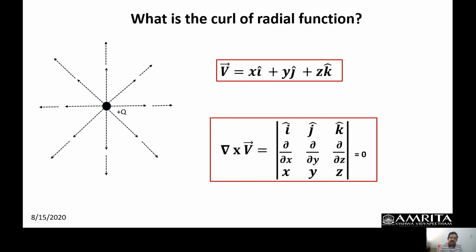The final point that I want to tell in this class is that whenever we are talking about the del operator, the greatness of Maxwell's work can be understood from the fact that at the time of Maxwell's life, he did not have the advantage of using this del operator.